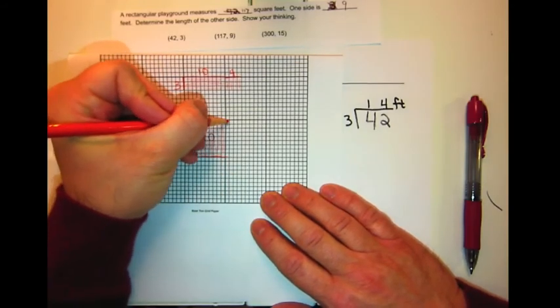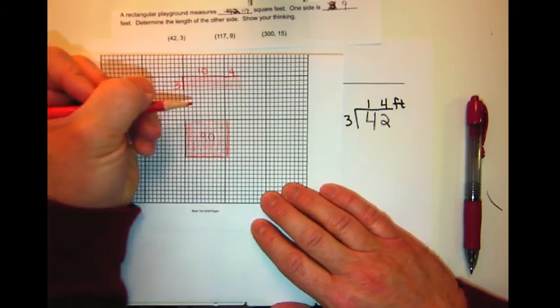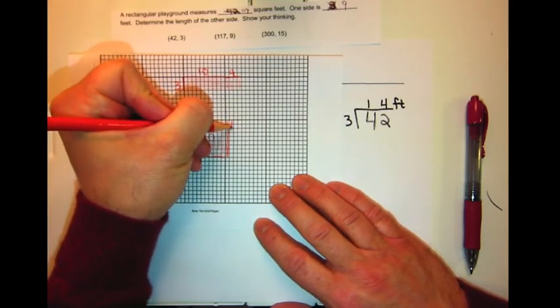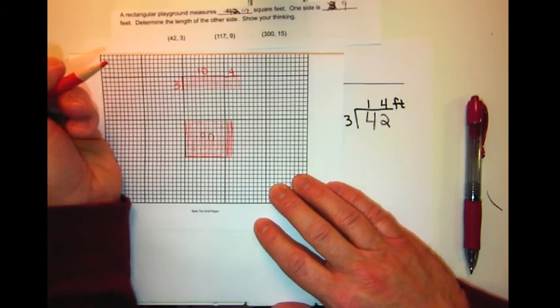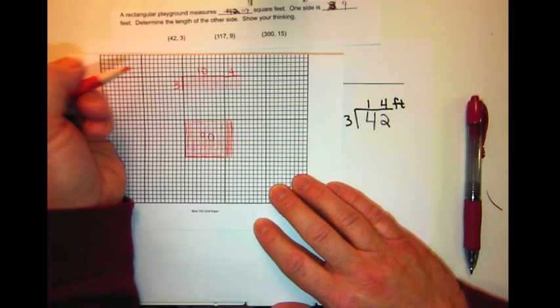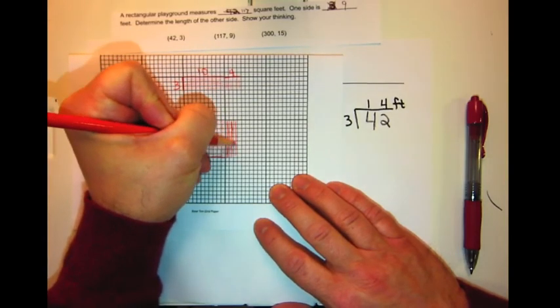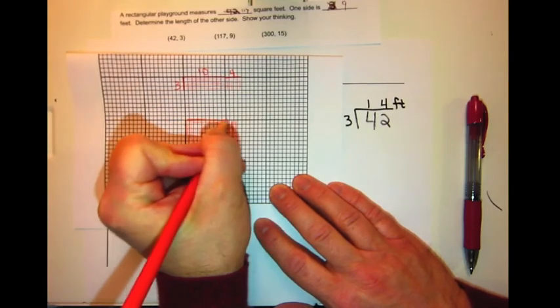Let's do another 9. So there's 99. And another 9 is 108. And another 9 is 117.